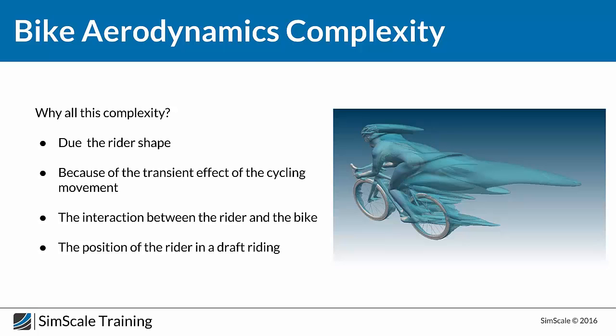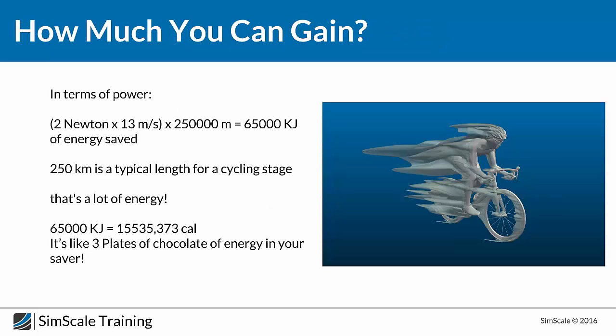To understand the effect of bike aerodynamics on performance, and what we can gain from high-performance aerodynamics for our cyclists, let's assume, for example, we reduce the drag of the cyclist by 2 newtons.